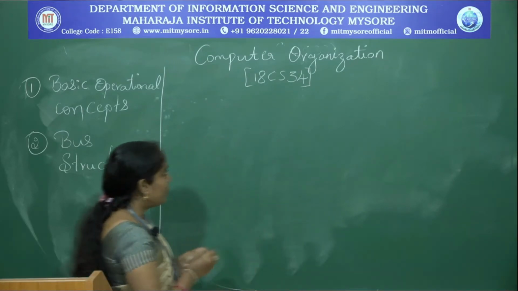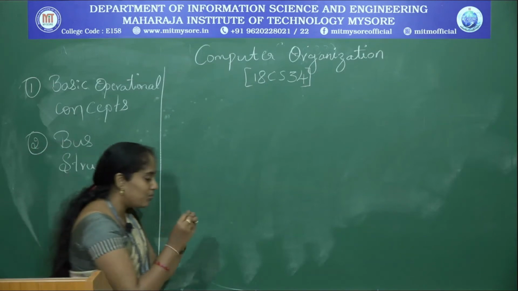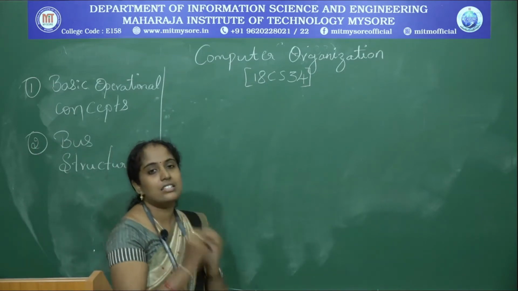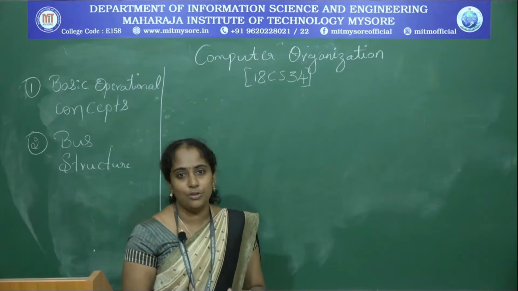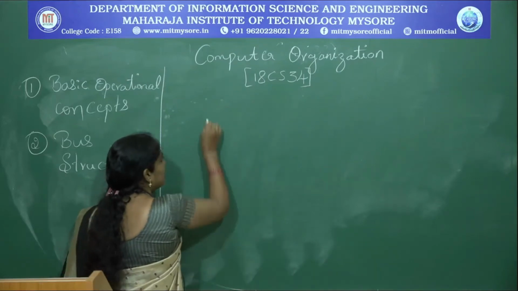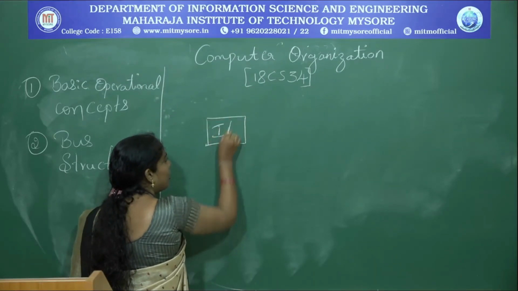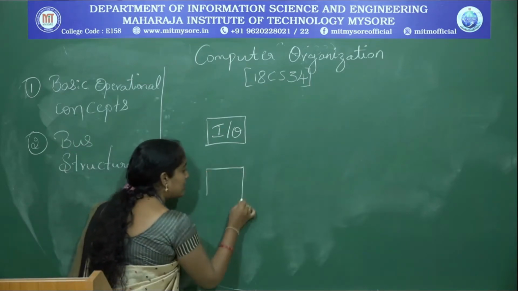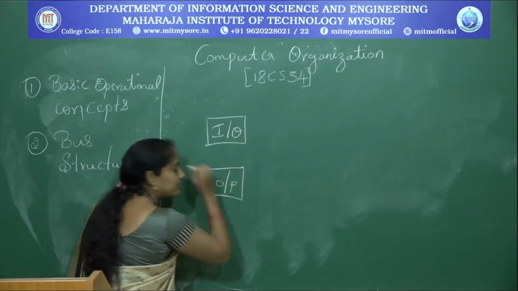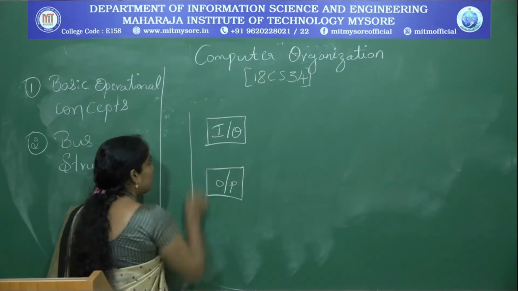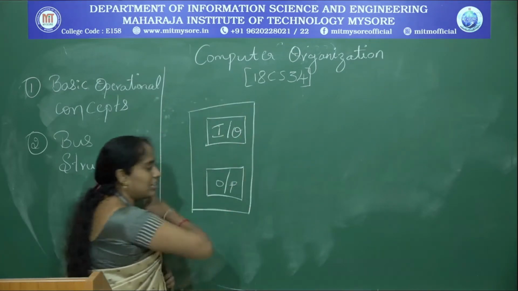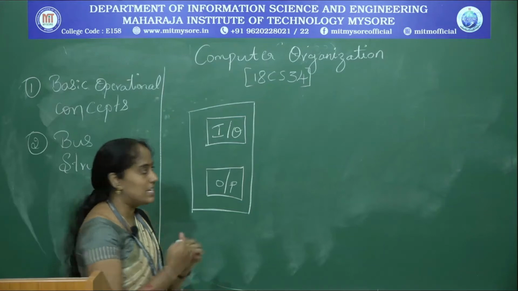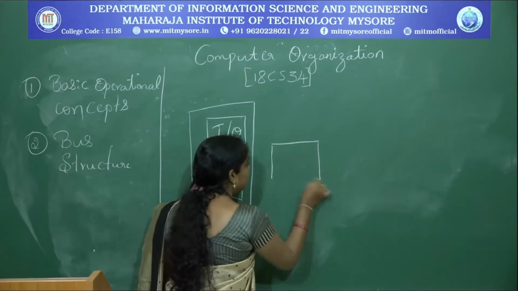In computer organization, the computer is divided into 5 functional units. The first one is the input unit, and the next functional unit is the output unit. Another one is memory.